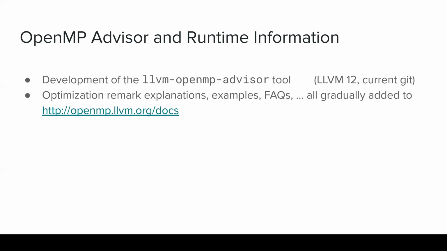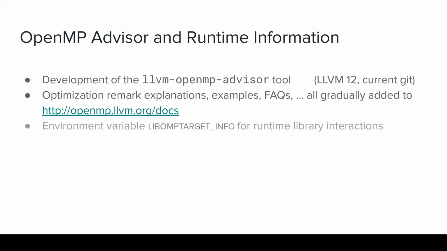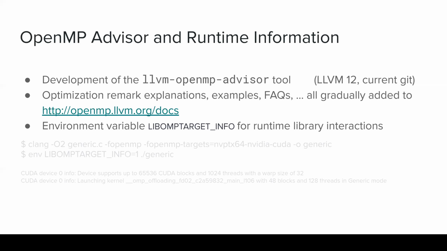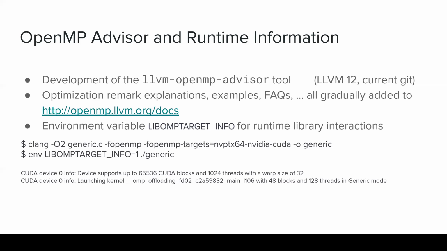And while we are working on this static angle, so statically providing better information to the user, we're also working on the runtime angle. So we introduced this LIBOMPTARGET_INFO environment variable that if you set it with any Clang build, it doesn't need to be a debug build or anything, but if you set it and then you run a target region, it will give you information about what is happening.